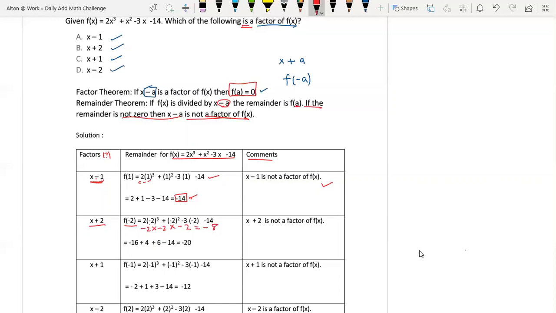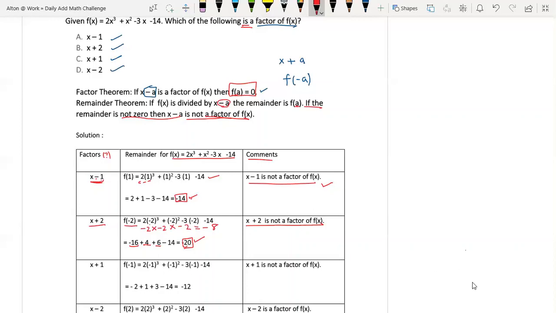So this is 2 by minus 8, giving us minus 16. Minus 2 square is plus 4. Minus 3 by minus 2 is plus 6. Minus 14. So let's see if I have added correctly. 6 and 4 is 10. Minus 16 plus 10 is minus 6. Minus 14 is minus 20. Again, your remainder here is not 0. So we can conclude that x plus 2 is not a factor of f of x.